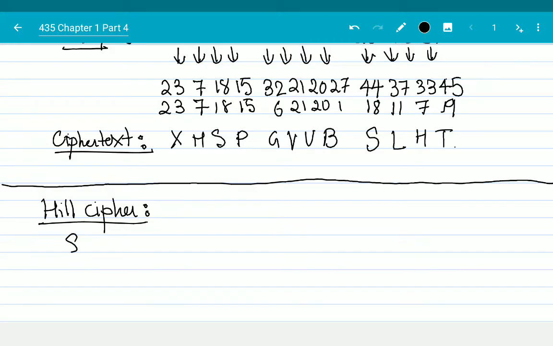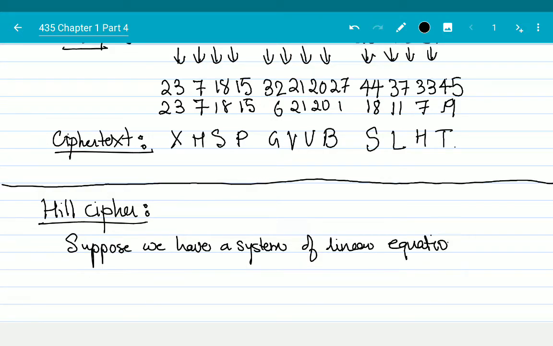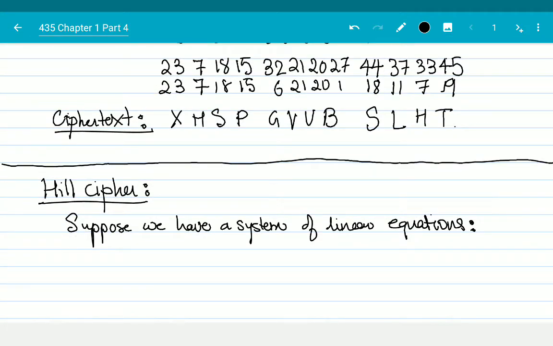Suppose we have a system of linear equations. Let's say z is equal to 2x plus 5y and w is equal to 3x plus 7y.